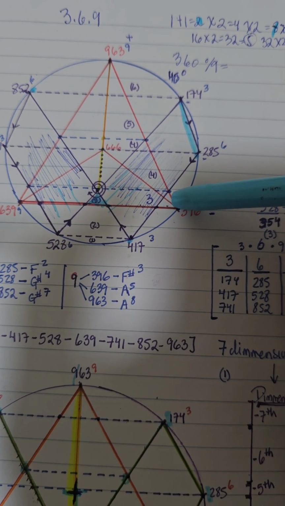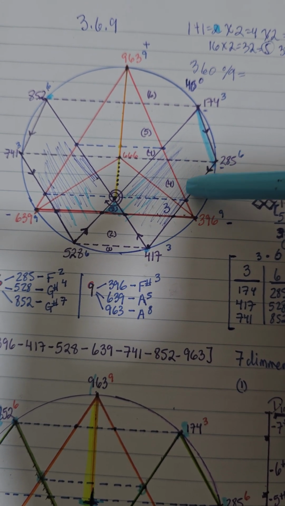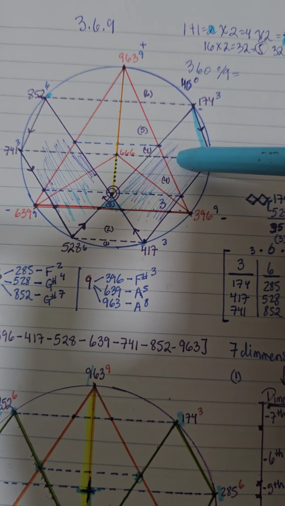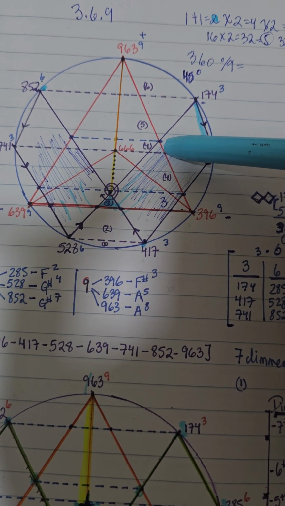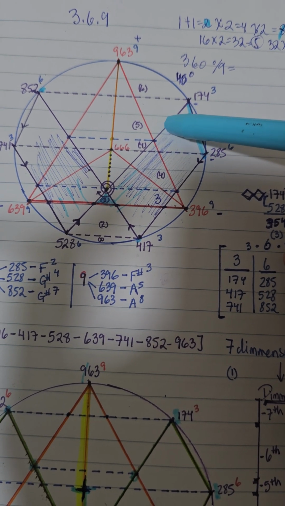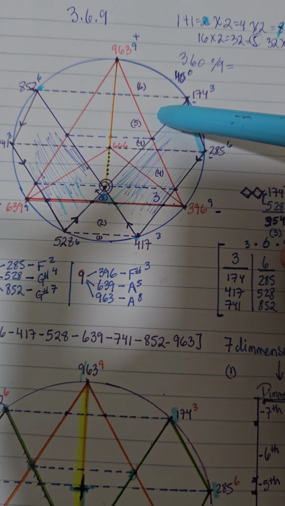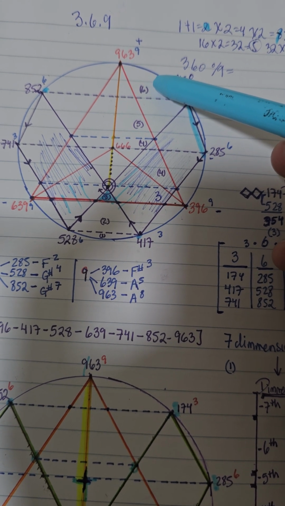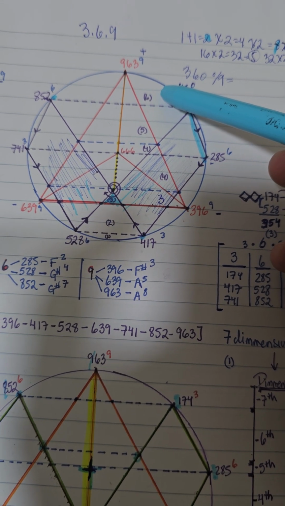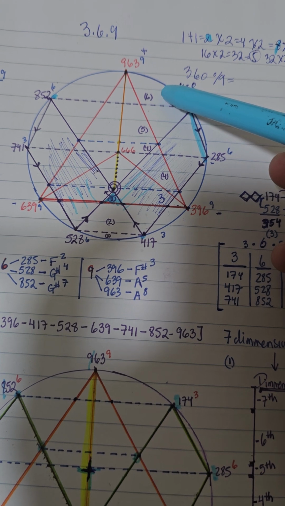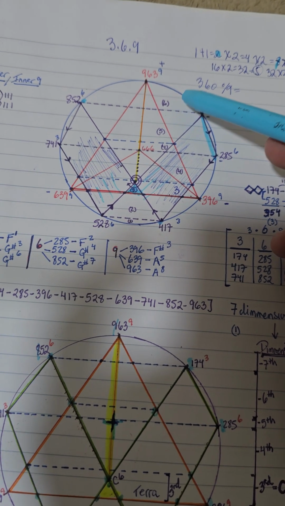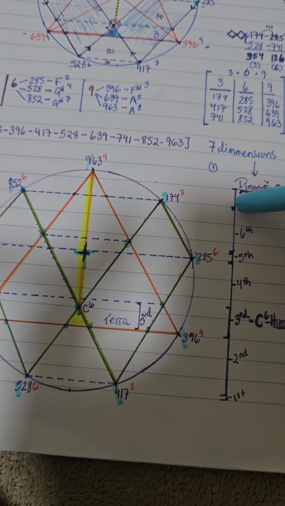That's the third dimension. And then the fourth dimension's above. And then here's your fifth dimension. Then your sixth. Then your seventh. So you have 7 dimensions.